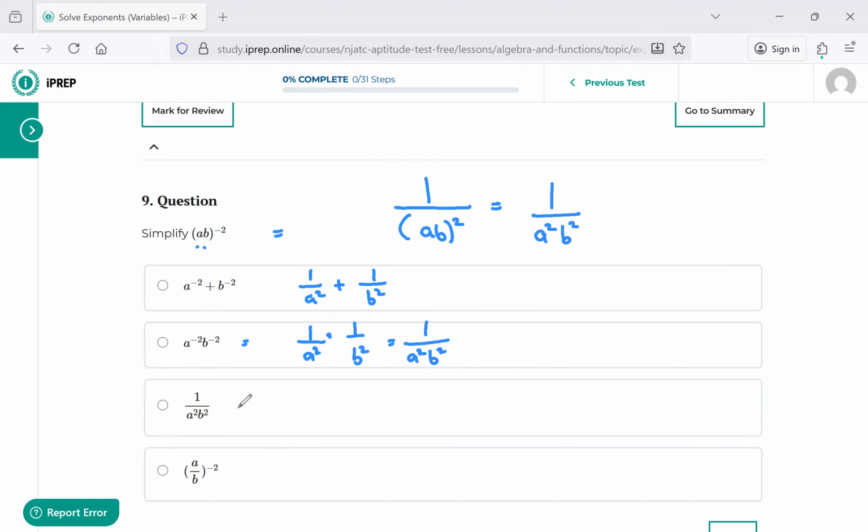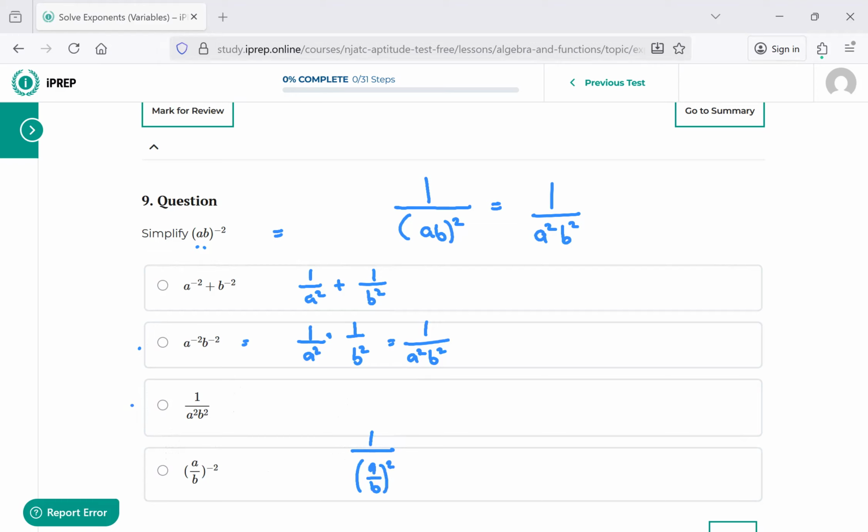What about the third one? 1 over A squared. Oh my gosh, it's either this one or this one. What about the last one? No, wait, it would be 1 over A over B. No, that's never going to give you this.